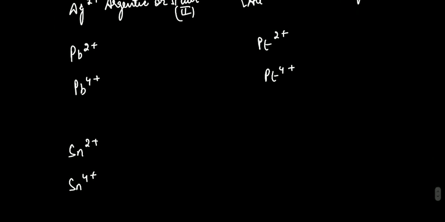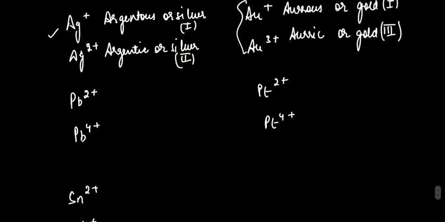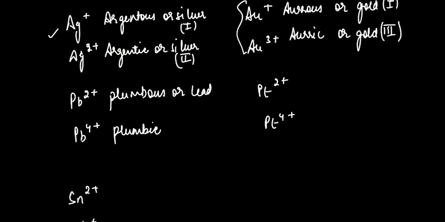I clubbed all these three together so that you can remember them. Lead is plumbum, Pb is the symbol, plumbum is a Latin term. So the lower number 2+ will end with -ous, plumbous. This is plumbic. Or you can write it like this, lead with the Roman numeral 2, Roman numeral 4.